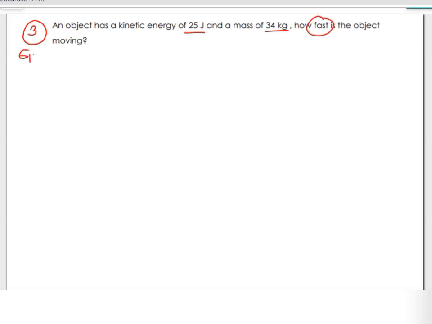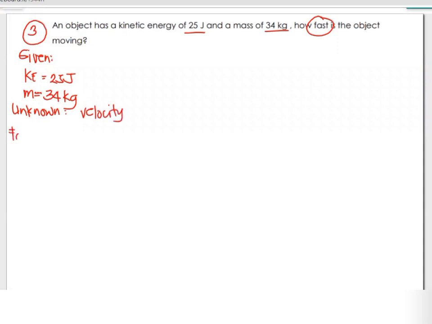Okay, so again, let's start with the given. We have here kinetic energy, which is 25 joules. And then we have here the mass, which is 34 kilograms. Okay, so unknown is your how fast, so that is velocity or V.